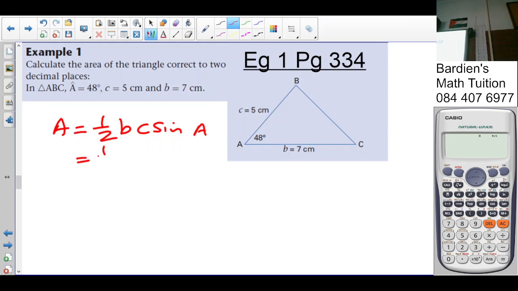So we have half of b is 7, c is 5, sine of angle 48. Okay, so do that quickly.